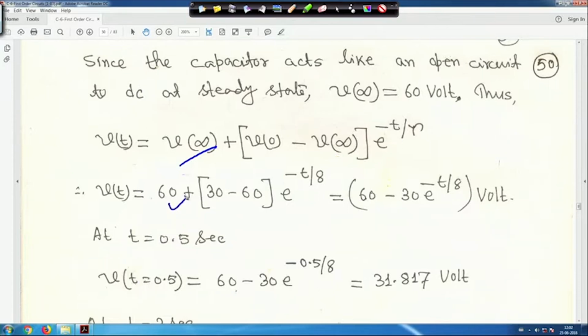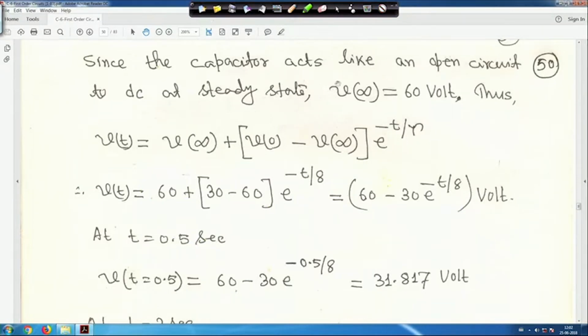V infinity is 60 volt, V0 we calculated as 30 volt, so it is 60 minus 30 into e to the power minus t by 8 volt. Now put t equal to 0.5 second. V at t equal to 0.5 is 60 minus 30 into e to the power minus 0.5 by 8, so it will become 31.817 volt.